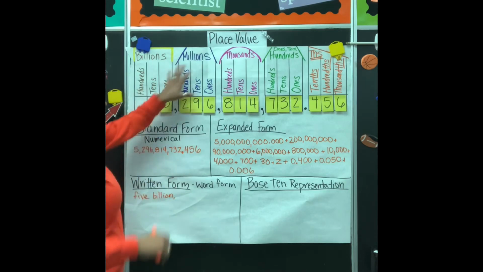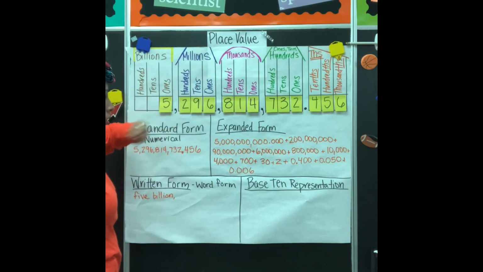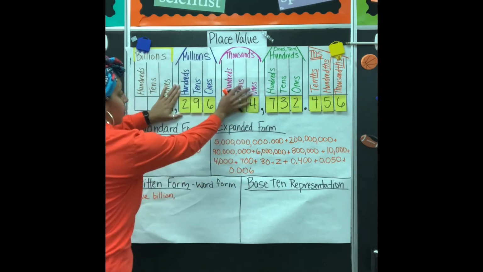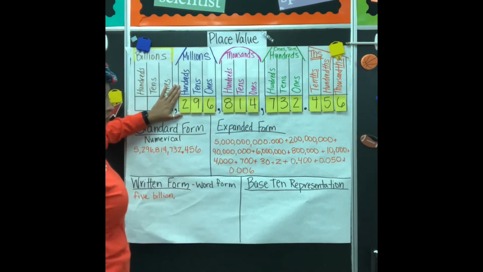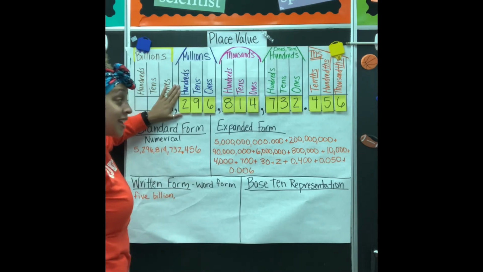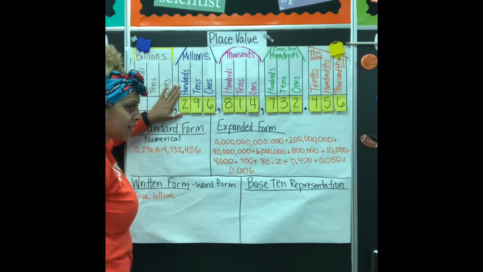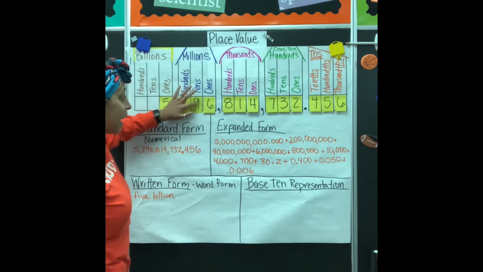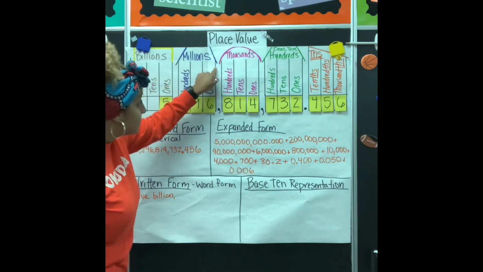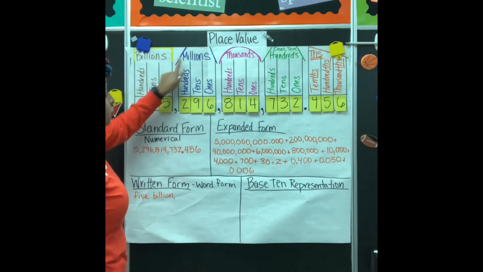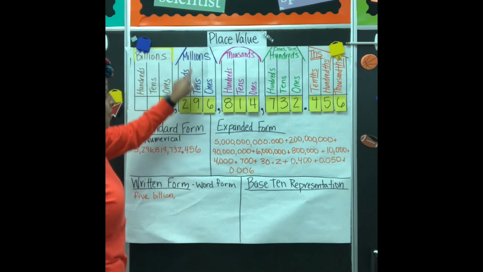Now we're going to say this house just as this number, and then say its name before we leave. So how would you say just this number right here? You would say 296. You're not going to say 296, you're going to say 296 million. So we're going to write 296 million.